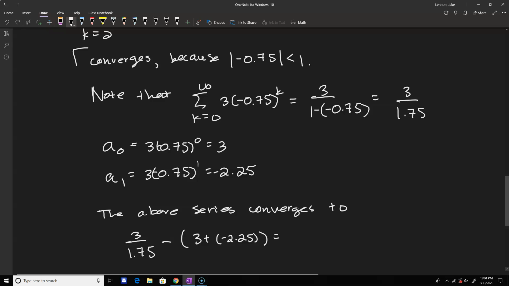Sorry, just opening up my calculator here. 3 divided by 1.75 is, and then we need to, in fact, subtract 0.75 more. So this comes out to, if you do an approximation, 0.964. So let's go ahead and write that down. Approximately 0.964.